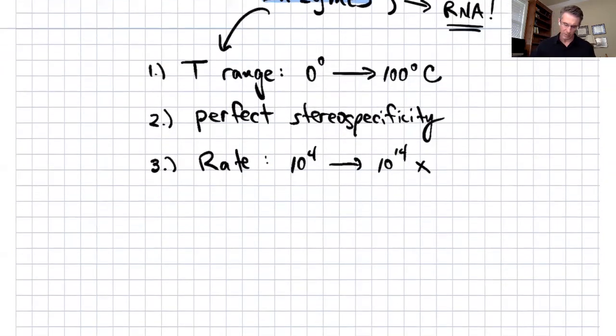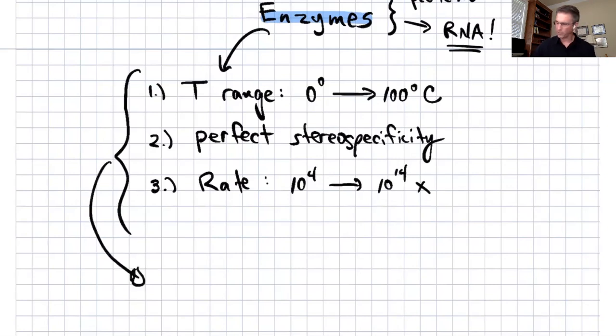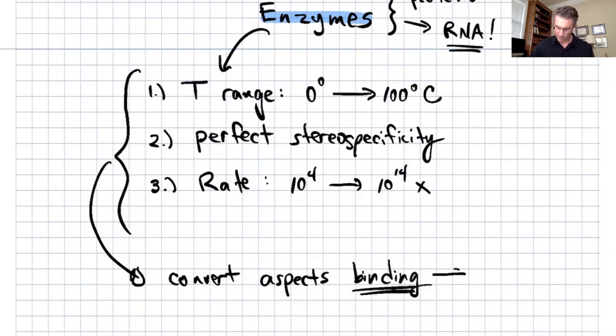And what we're going to find, as I mentioned when we started all of this talking about binding, is that when you get down to it, a lot of this is going to turn on the idea of converting aspects of what we just studied, which is ligand binding, figuring out ways to exploit the ability of enzymes to recognize particular characteristics of molecules and bind them in particular or particularly tight ways, and turn that into massive chemical catalysis, right?